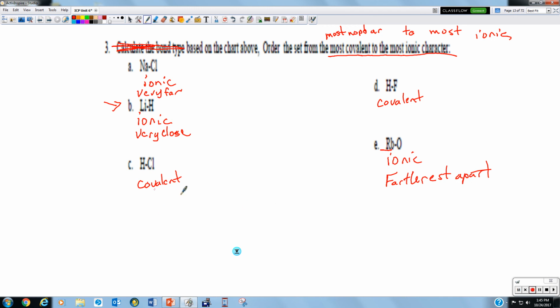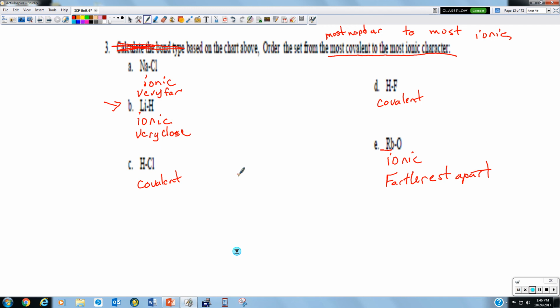All right. Now, if we're ranging these, which one's going to be more polar in character? Hydrogen fluoride or hydrogen chloride? Why? Well, technically by the chart, hydrogen chloride's further apart.